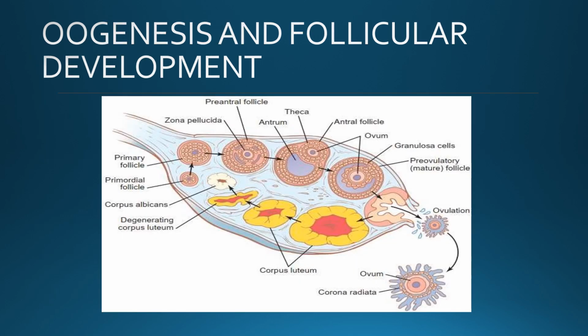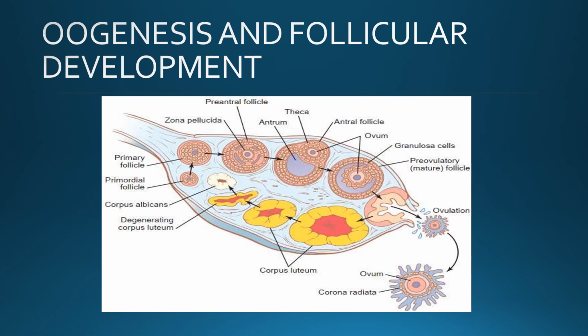So you can see here the various stages of follicular development with the ovum inside, that is oogonia, then primary oocyte, and then secondary oocyte. This is the primordial follicle, primary follicle, and the preantral follicle containing the antrum and the theca interna and externa.